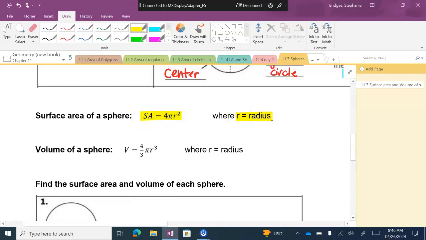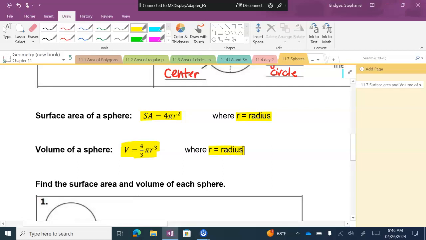R is your radius. As long as you know what the radius is, it's just a matter of plugging the numbers in and working them out. And then the volume of a sphere is 4/3 times pi times your radius cubed, or radius to the third power. Most of this work is going to be done in the calculator.